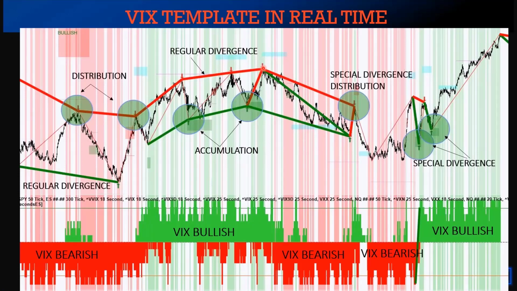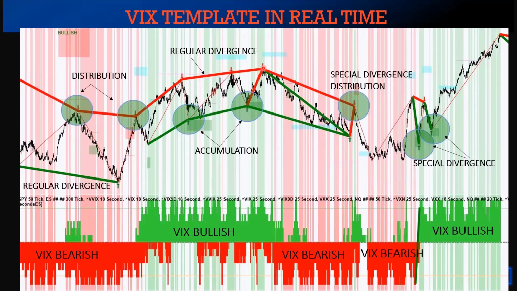The areas that I've circled on this chart is where we have divergence combined with a Bloodhound trading signal telling us that the VIX is trading in that direction, in the direction of our trade. These are the trades that we want to focus on. We don't want to focus on just taking anything.